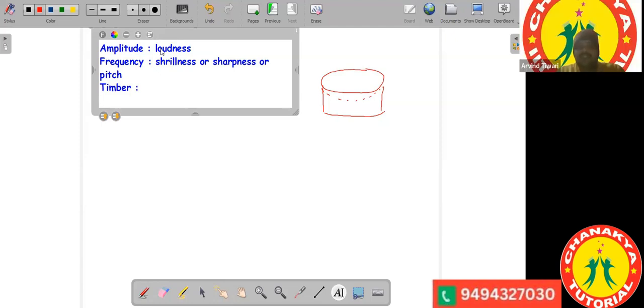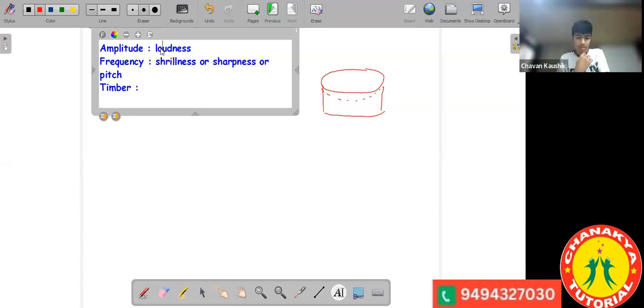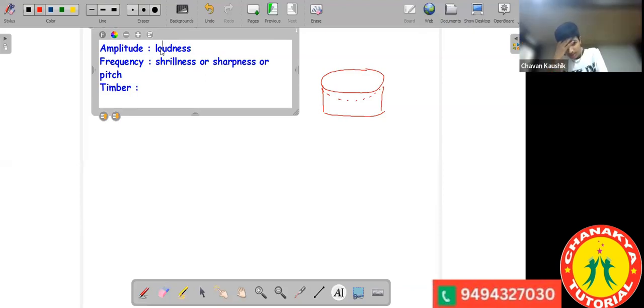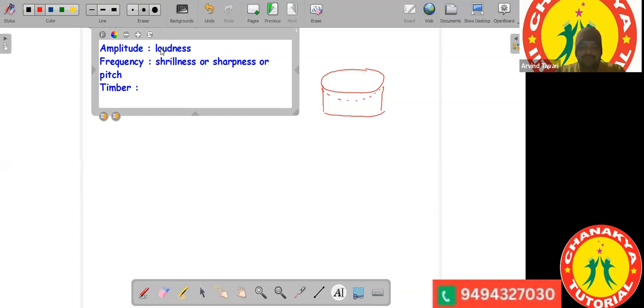Yeah, the timbre is the thing that allows you to differentiate between two people's voices. That timbre is also called the quality of voice. Sir, can you give me one example? Example of timbre.